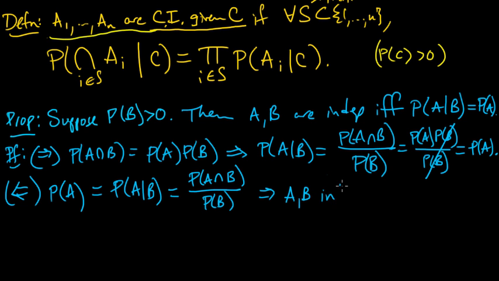So we've proved this implication, we proved this implication, and that's our proof. So that's a nice proposition. It's another way to think about independence. But you should remember that this only applies when the probability of B is strictly positive.